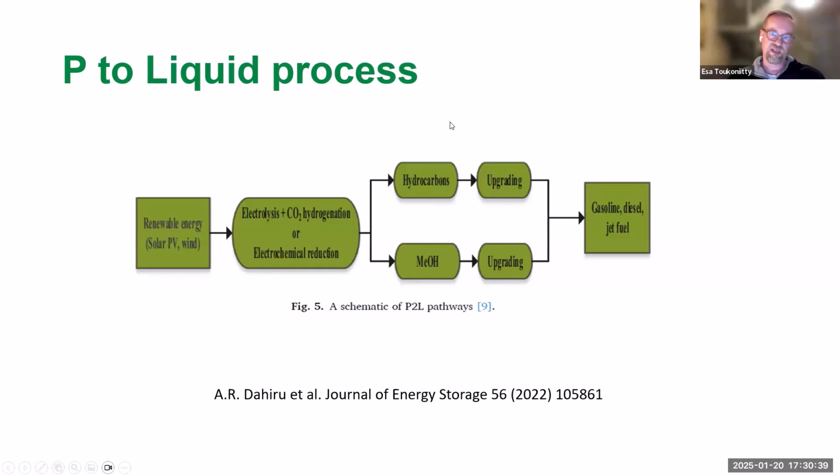And of course, in between each of these unit operations, there are typical separation or purification steps and so on. So this is a very, very simplified scheme of the process itself, the actual processes.